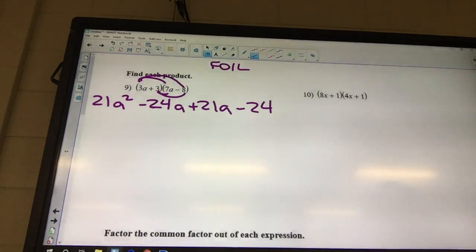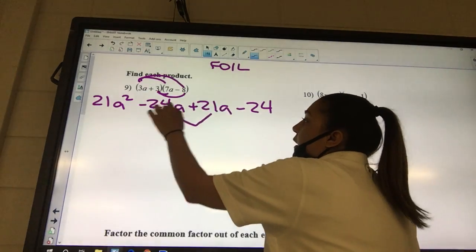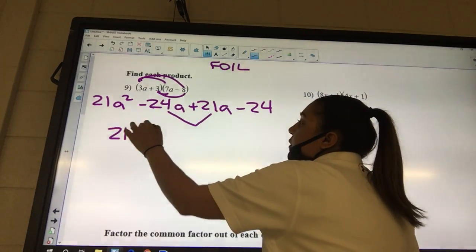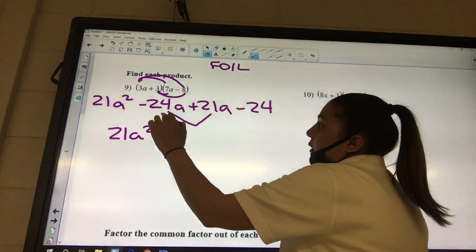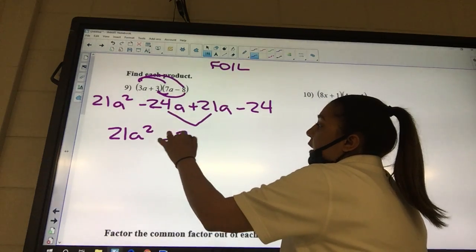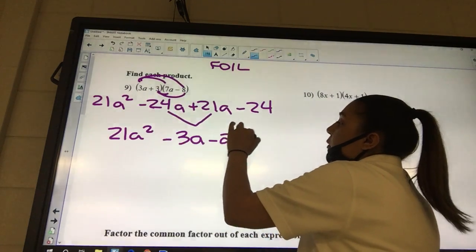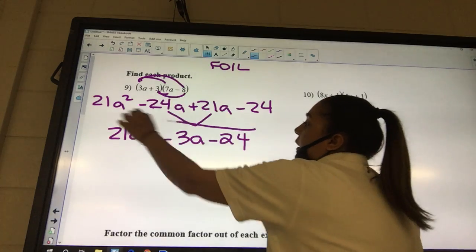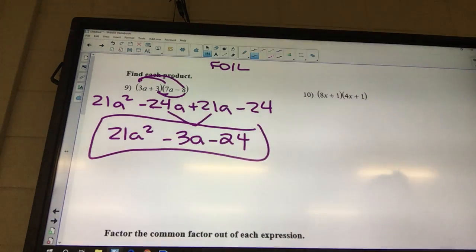Is there anything to combine? Yes, the middle ones, and it's usually going to be the middle ones. So I got 21a squared minus 3a minus 24. There's nothing else to put together, so that's your answer.